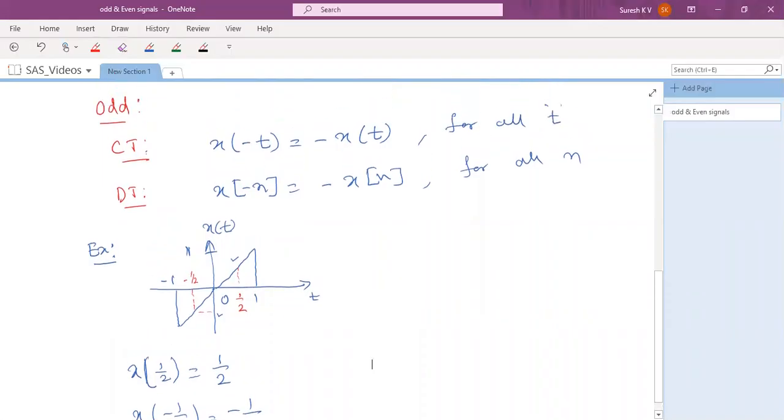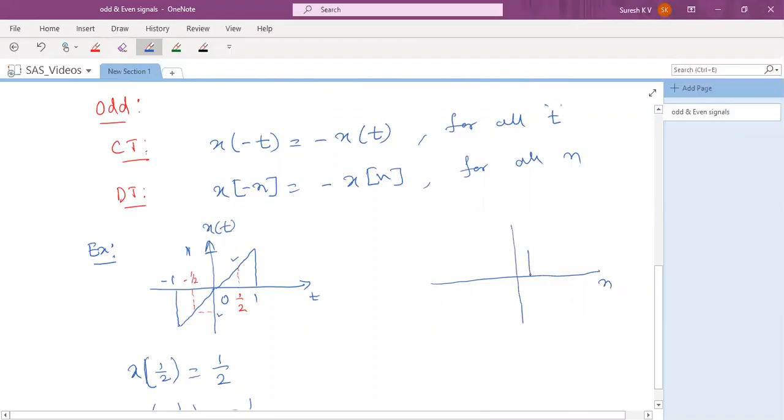We can also take an example for discrete time. So this is an example for an even signal. Let us take the amplitudes as minus 1 and minus 2.